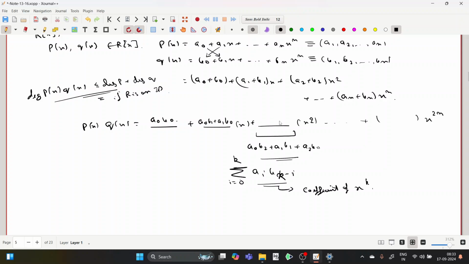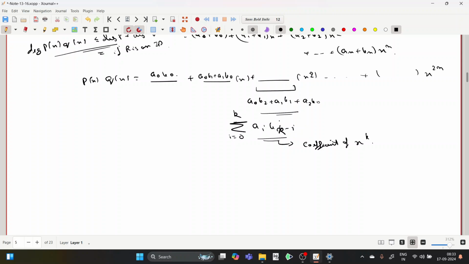Okay. Now the question arises that we have defined two operations. So I started with a commutative ring with unity R. Then what can I say about R[x]? Now you can easily observe that if R is commutative, then R[x] will also be commutative. It will be a commutative ring. Will it have the identity element?